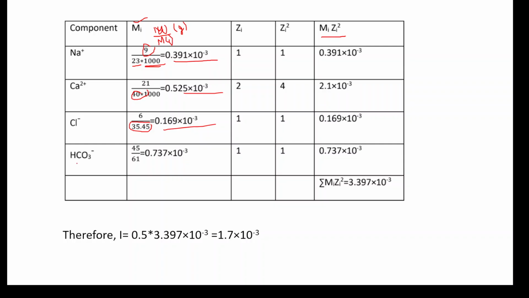And for hydrogen carbonate, it is 61. How? Hydrogen we have 1, for carbon we have 12, for oxygen we have 16 into 3. So 3 into 16 is 48, 48 plus 12 is 60, plus 1 will be a total of 61.